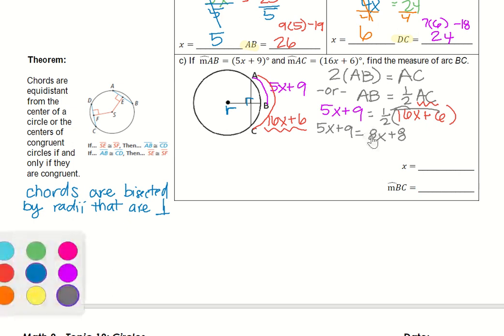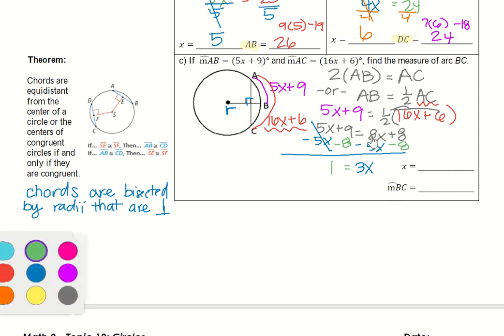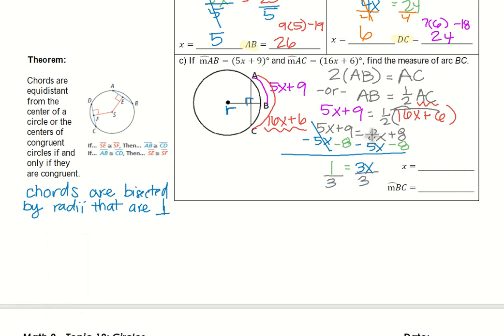Okay, so if I solve this, I want to subtract 5x. And so that'll give me 3x over here, which means I want to also subtract 8. So x is going to be equal to 1/3.